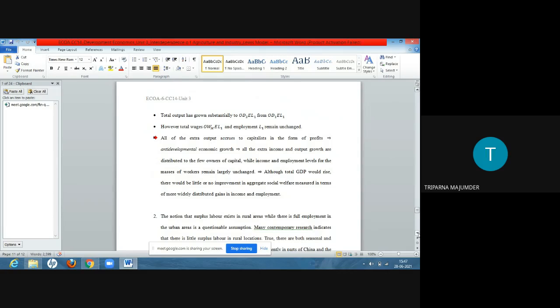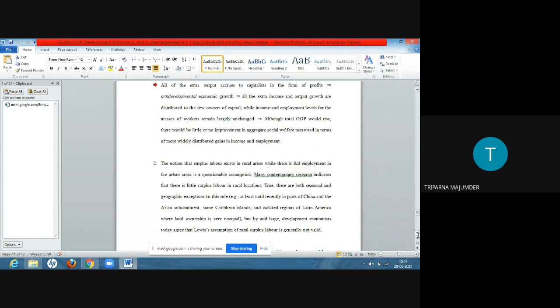This implies that although total GDP would rise, there would be little or no improvement in aggregate social welfare, measured in terms of more widely distributed gains in income and employment.